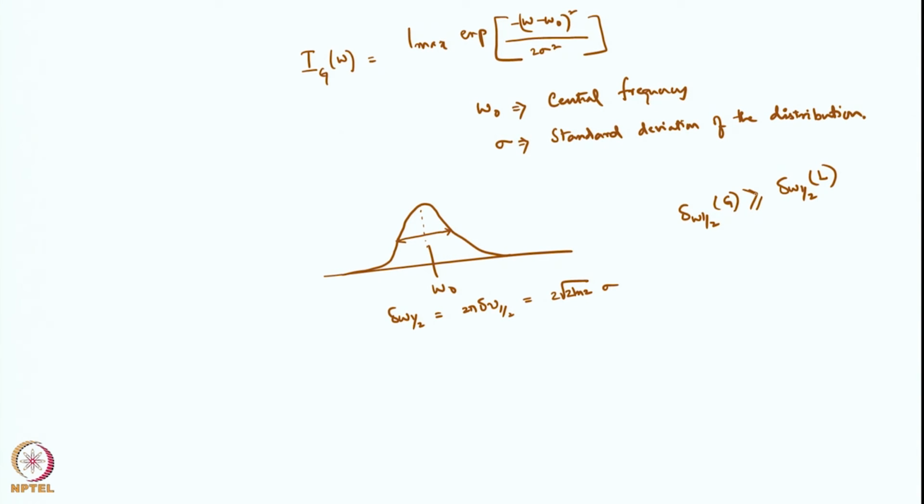Now, sometimes in the gas phase you have Doppler broadening, because atoms and molecules are moving around. When you have Doppler broadening, then delta nu half is given by 2 nu into the square root of 2 kBT ln 2 divided by mc square, to the power of half.